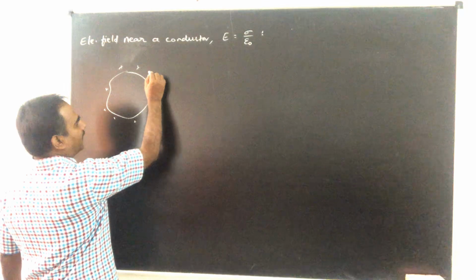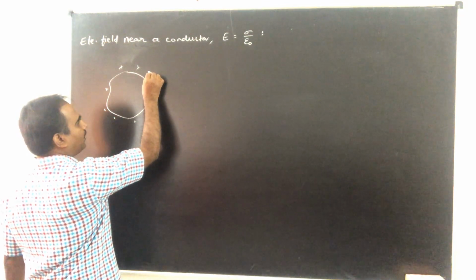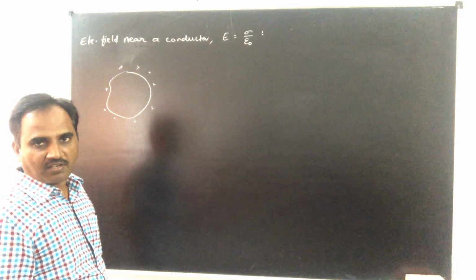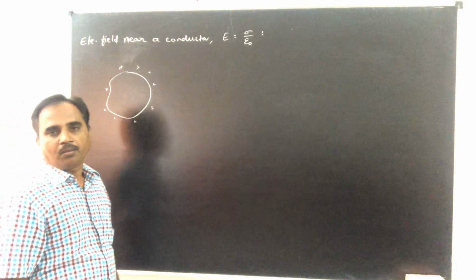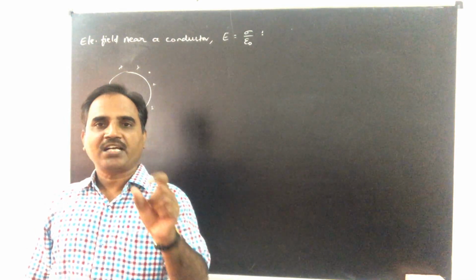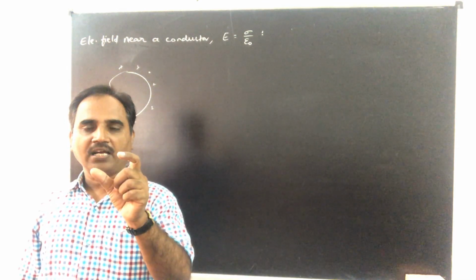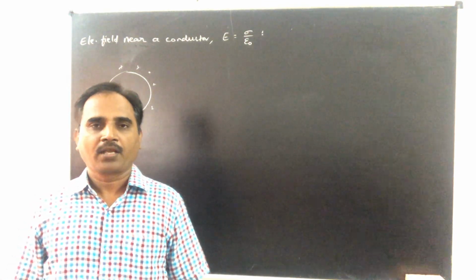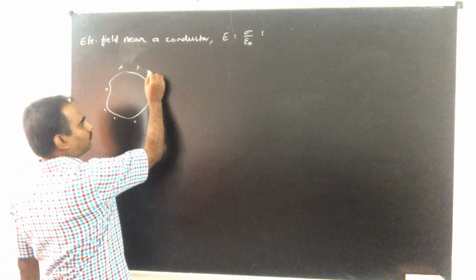To find the electric field at this point P, we shall imagine the Gaussian surface in the form of a pillbox. Pillbox means a cylinder which has a negligible cross-sectional area but considerable length. It is called a pillbox.